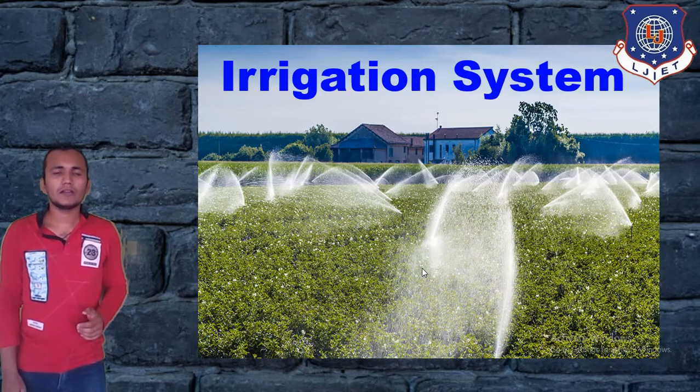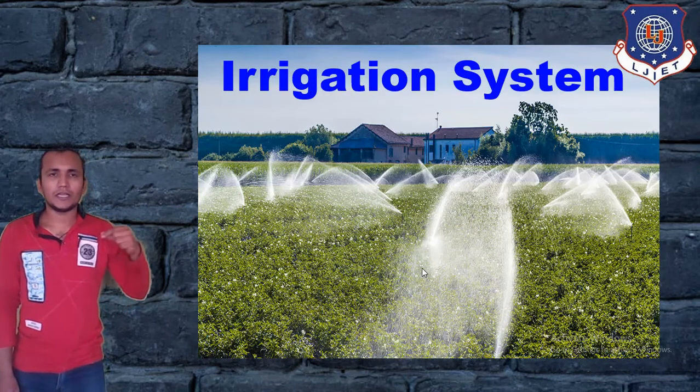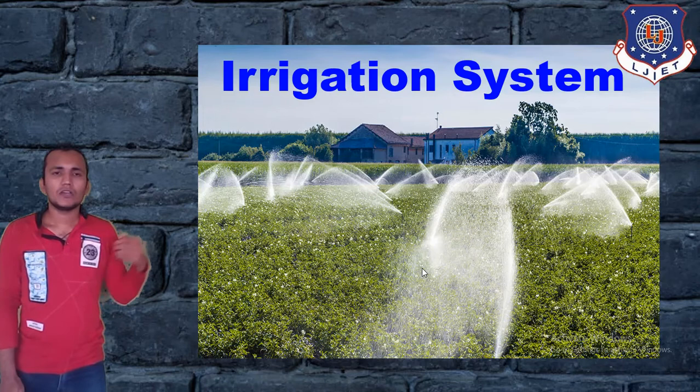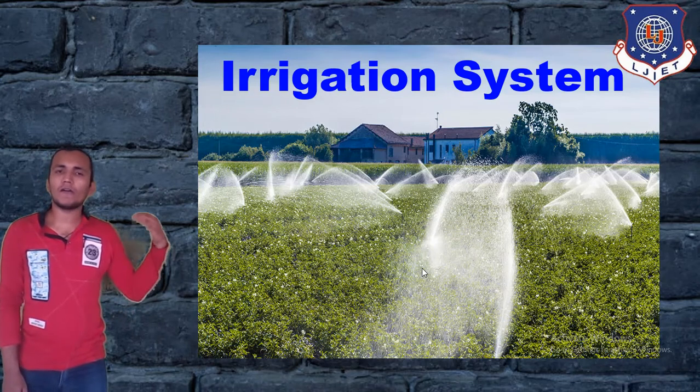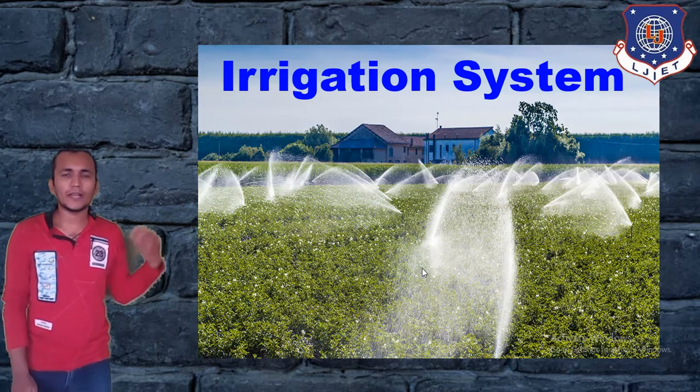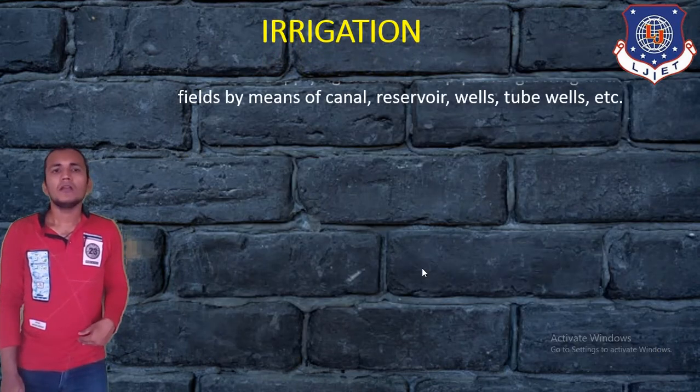We know that with the irrigation system, we have to supply water to our crop or plant. So let us see the definition of irrigation system.